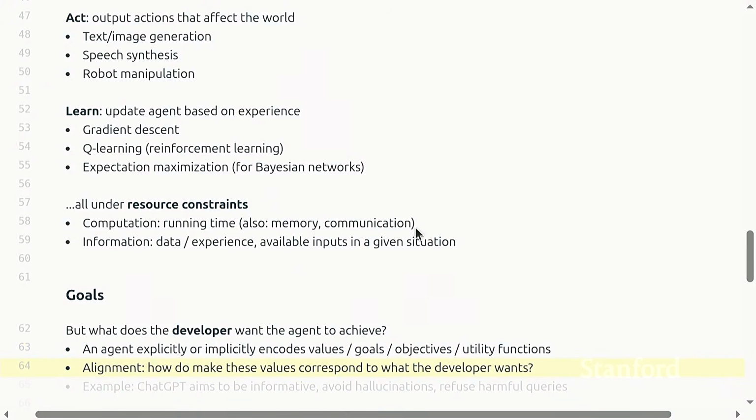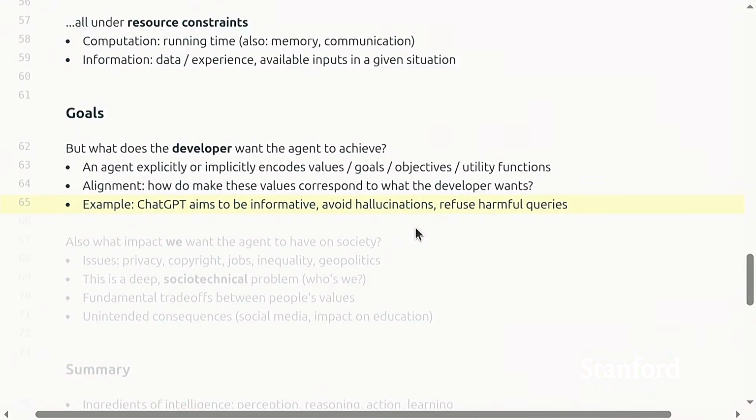And some of you might have heard of the term alignment. Alignment is about how you make sure the agent's values correspond to what the developer actually wants. A canonical example is ChatGPT: the developer, OpenAI, wants ChatGPT to be informative, avoid hallucinations, refuse harmful queries, and so on.